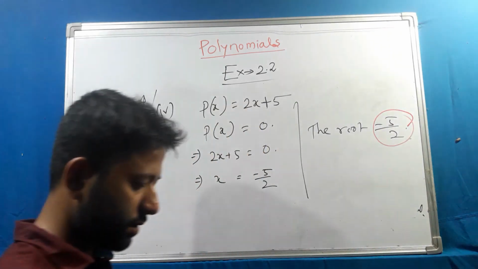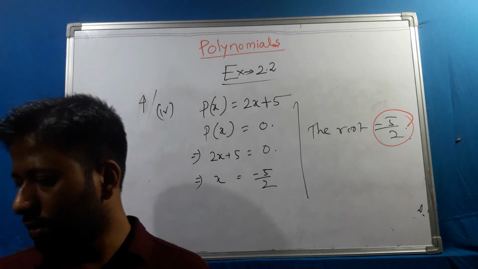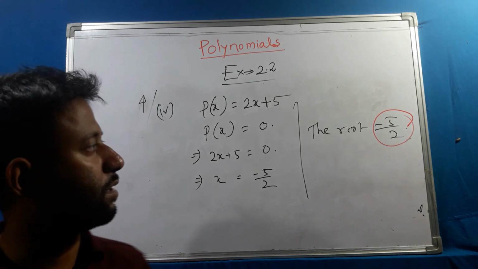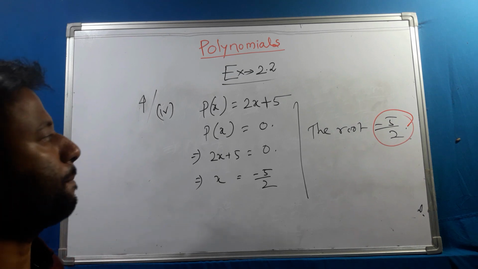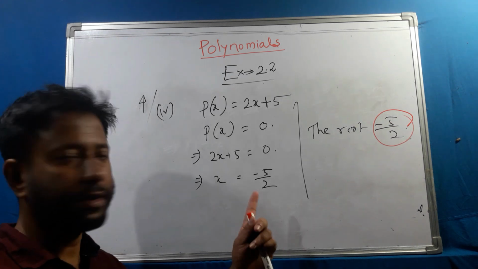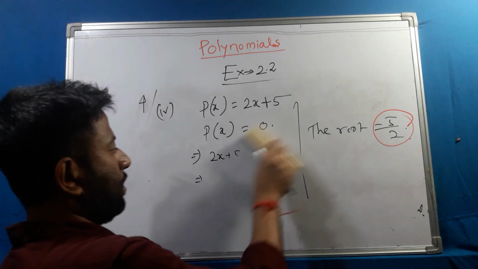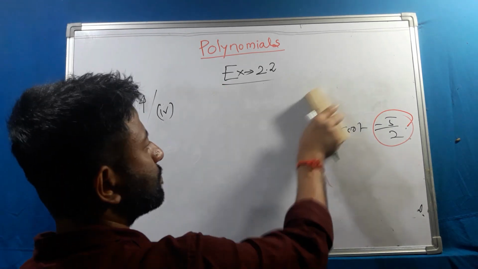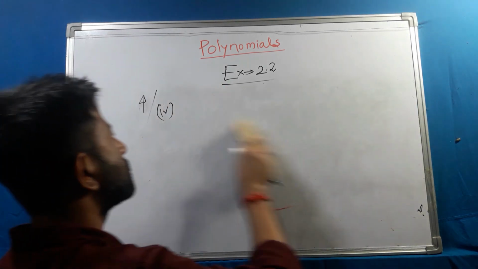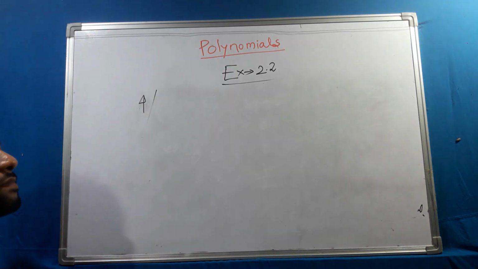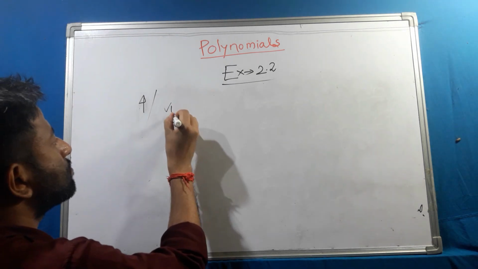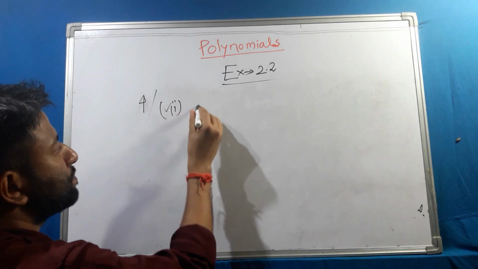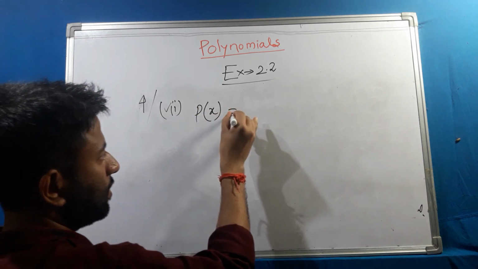Okay. So in this manner, I have to find the remaining questions. Let's solve question 7. I think this will be clear. Question number 7, they have given p(x) as the function.